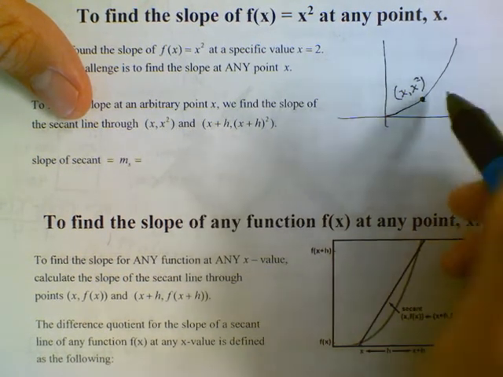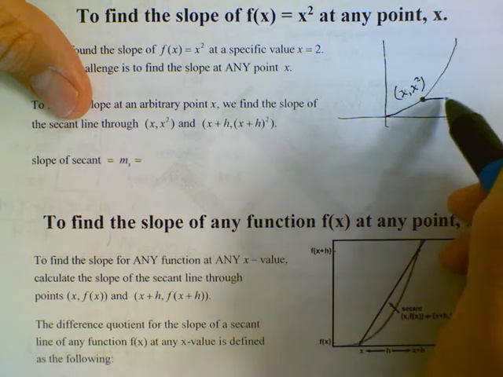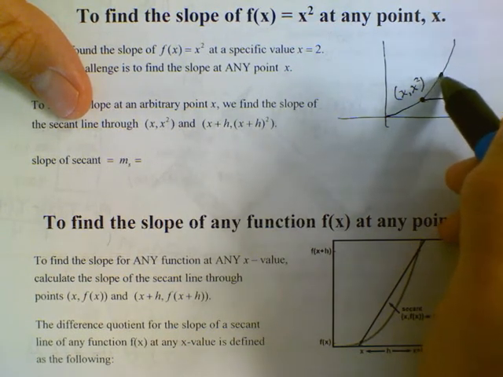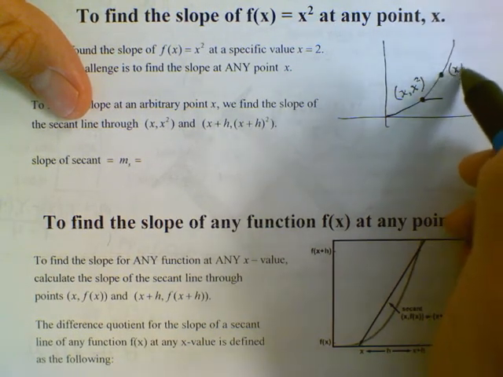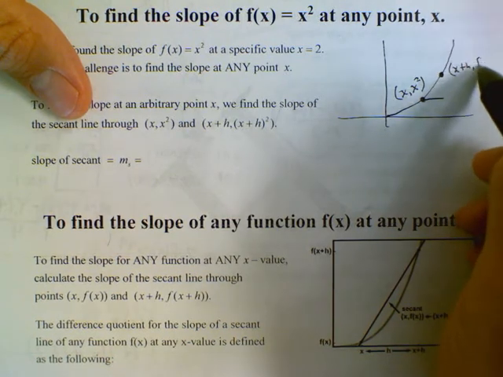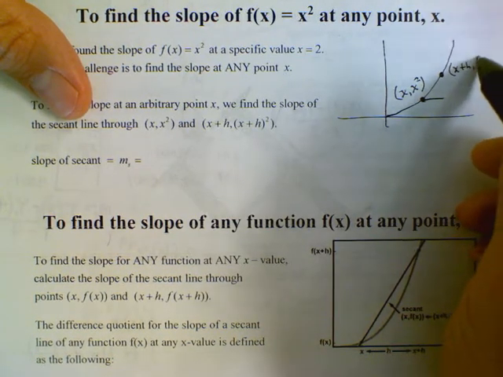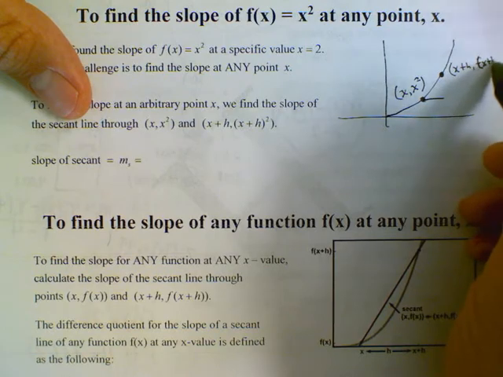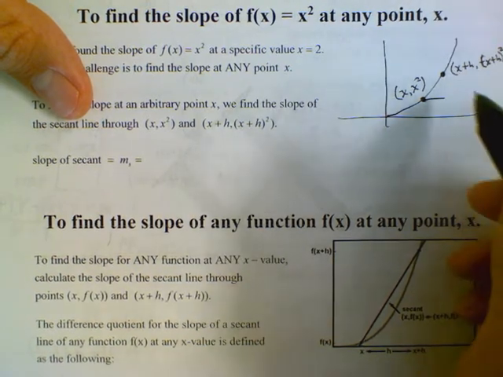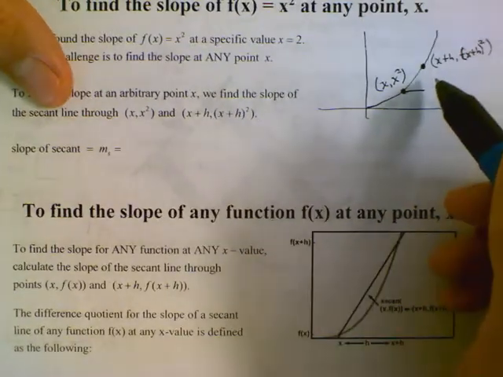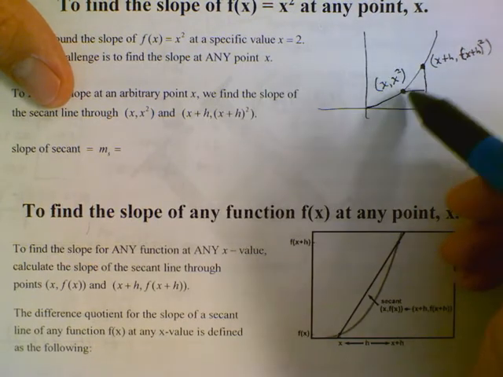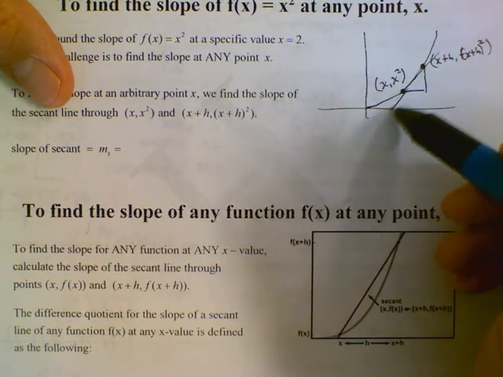And what we can do is add an arbitrary h value so that we have x plus h as our x value, and x plus h squared would be our y value. So we're just going to find the slope between those two points.